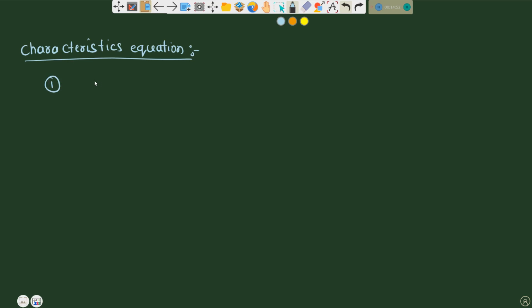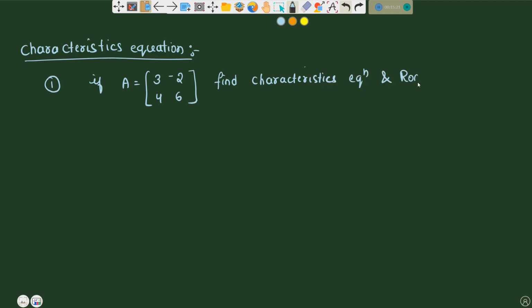They will say: if A is equal to 3, 2, 4, 6, okay, let me give it as minus 2, find the characteristic equation and roots.